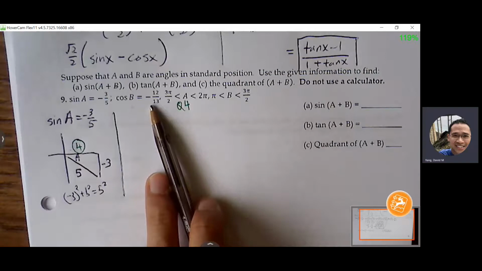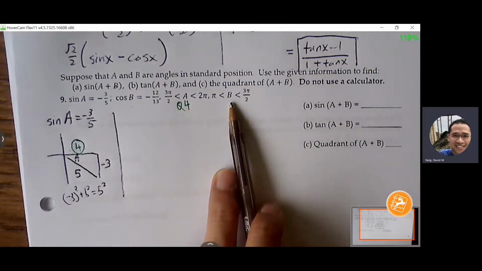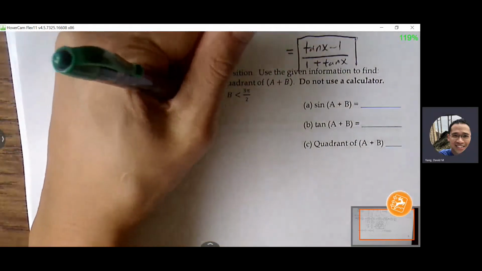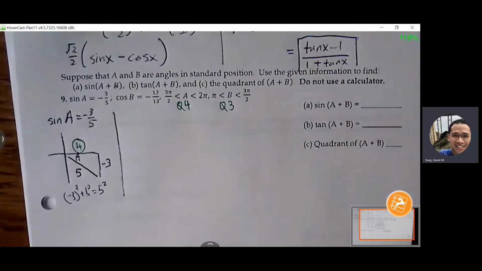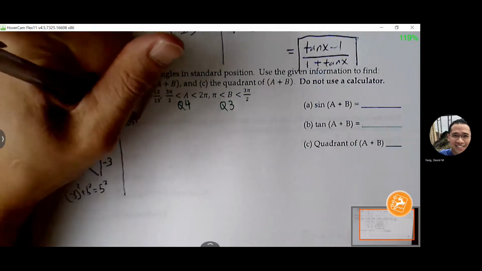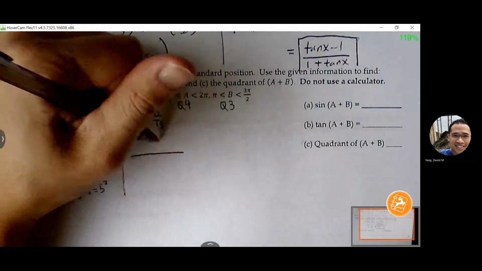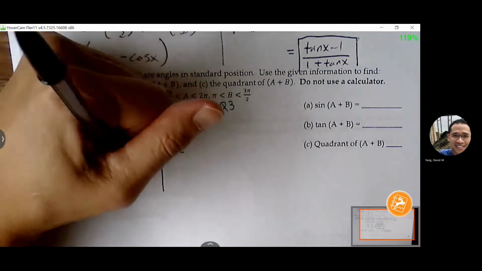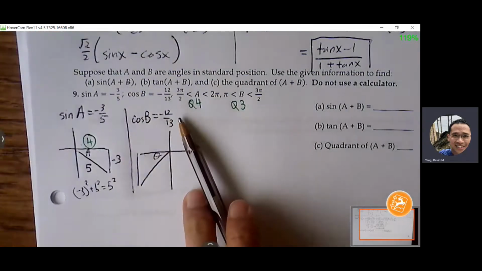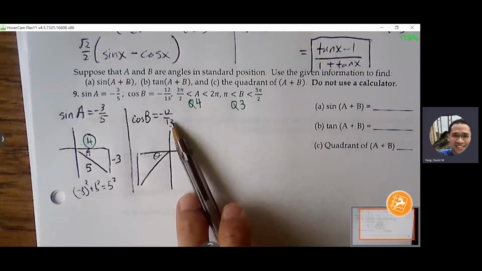Let's build this here. Cosine of b equals -12/13. Which quadrant is this going to be in? Third quadrant. So let's build our triangle in the third quadrant. Cosine is adjacent over hypotenuse.